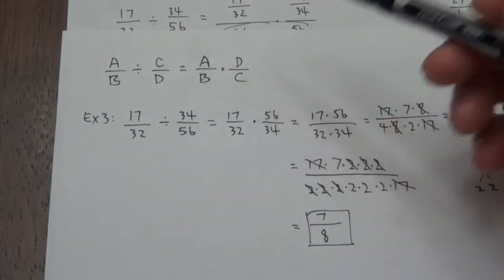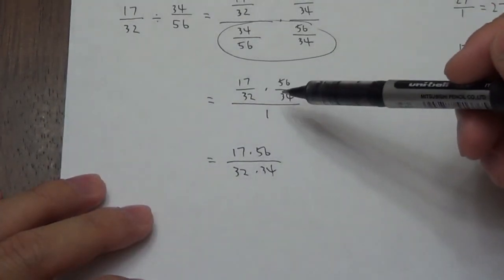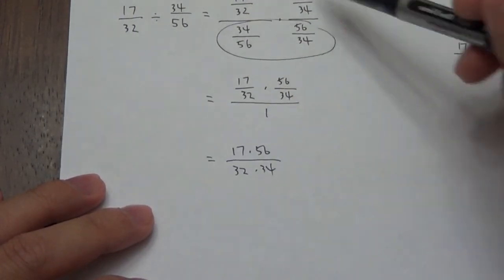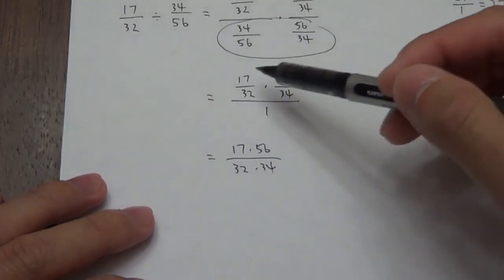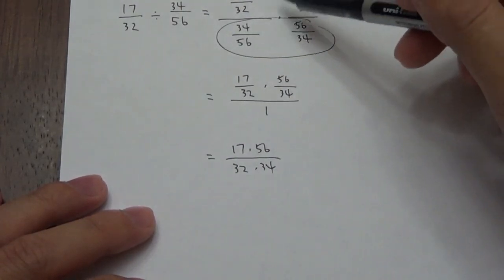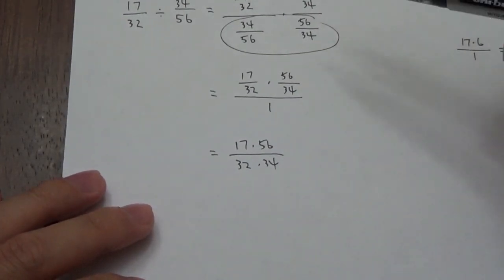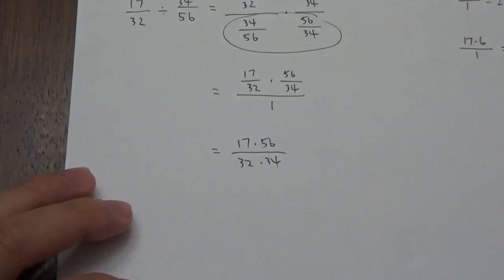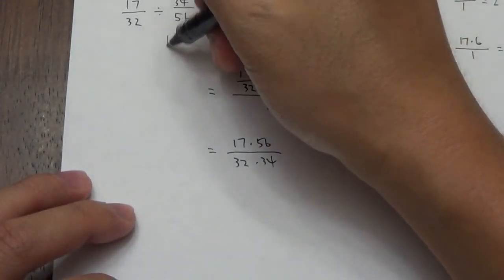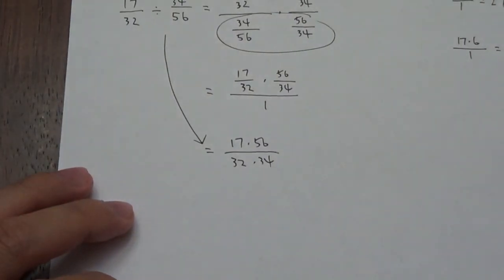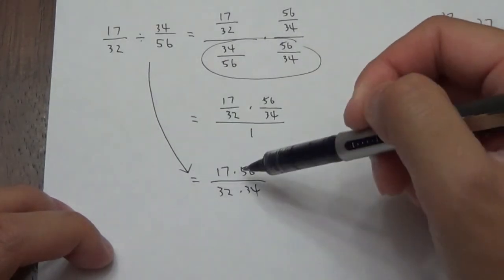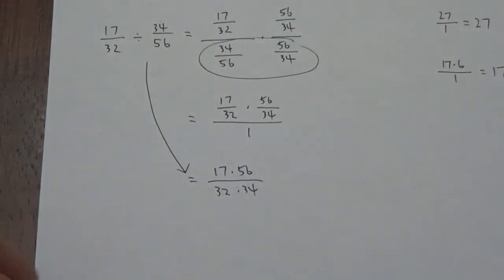Except that in this case we didn't use the rule, we simply used what we know about fractions and multiplied by 1, or a different form of 1, to get the same result. So if you can memorize the rule, obviously you can go straight from here to here. You'll save a lot of time. But in the event that you forget the rule, you can still get to this step by doing a little bit of math.